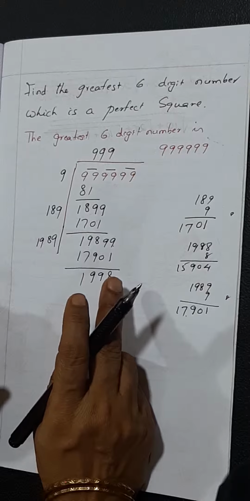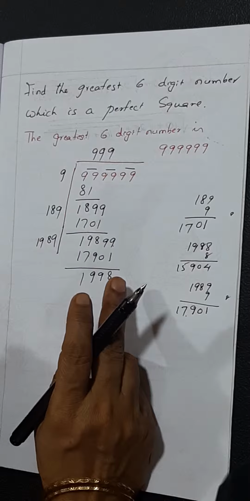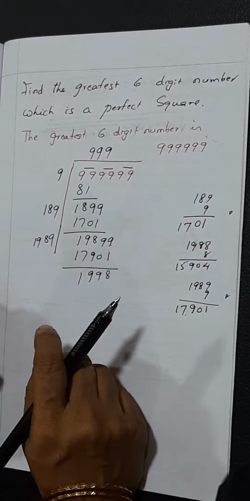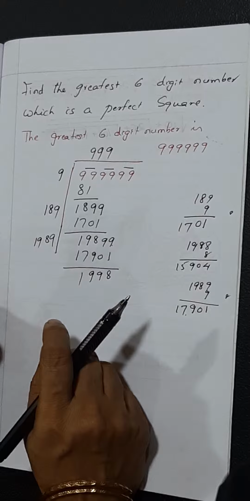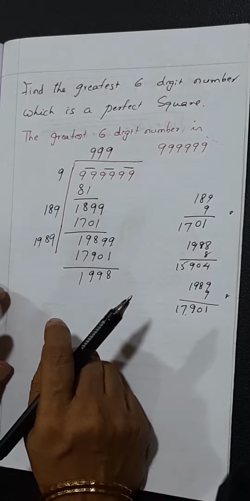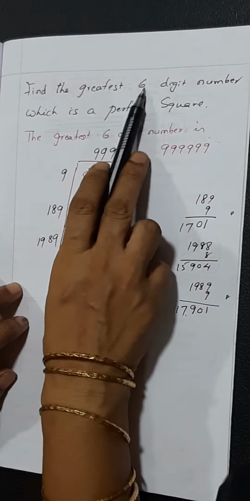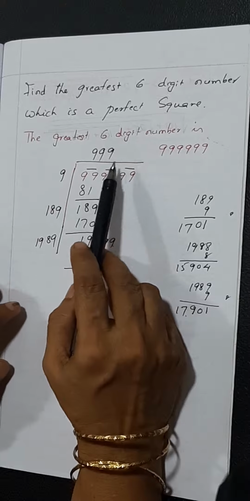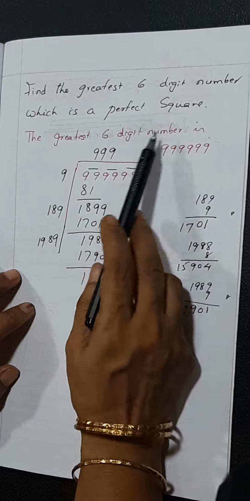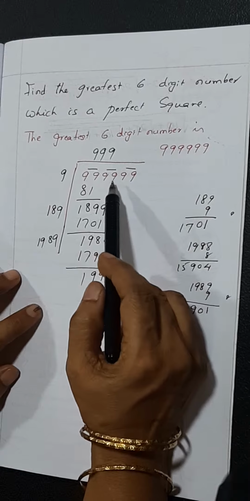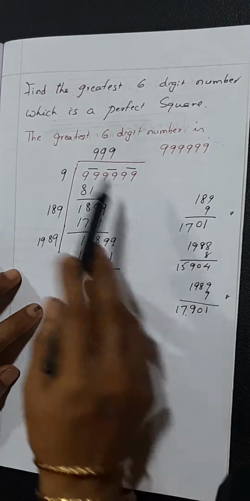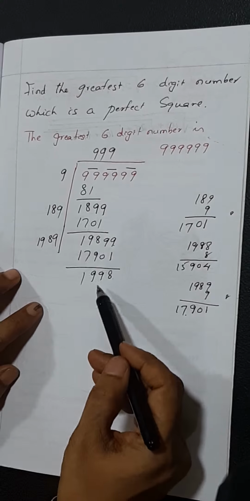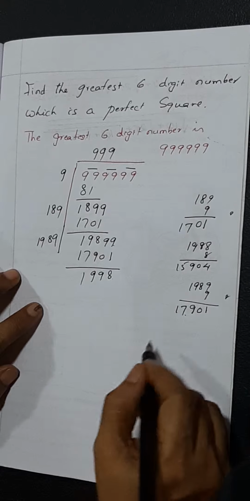So you have to use the method for finding the least number that you will subtract to get the perfect square, because you have to get the greatest 6 digit number. If you go for the previous method, adding, then it will become a 7 digit number. So you need a 6 digit number only. So you have to subtract. This is not a perfect square, so you have to subtract this number from this.